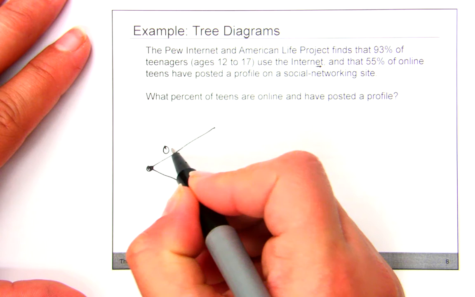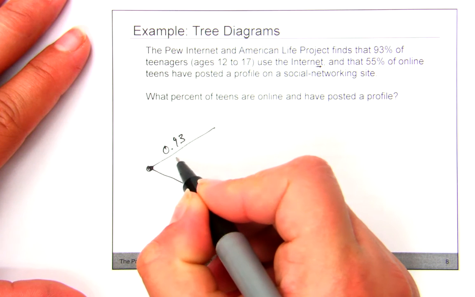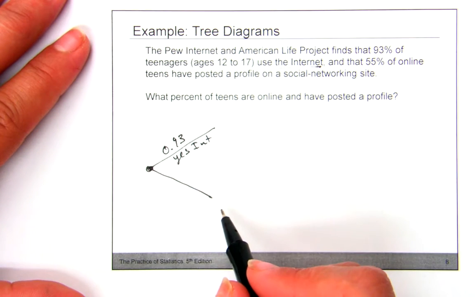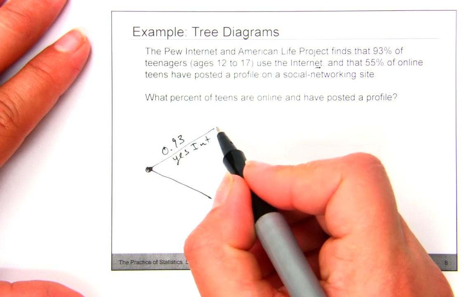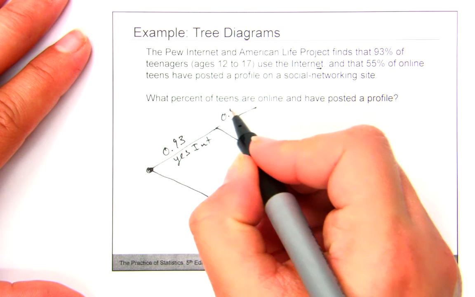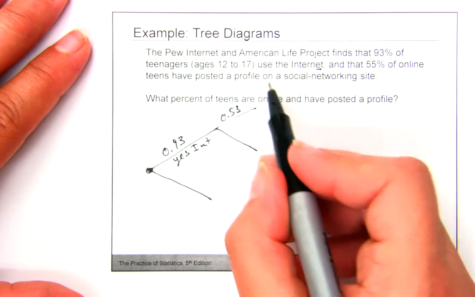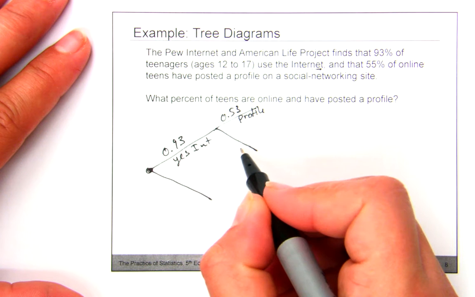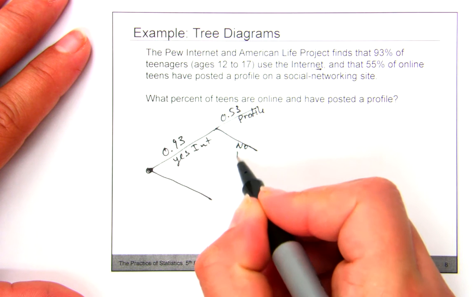So that means 0.93 use yes on internet. All right, and of that 93%, you have 53% of them who actually have posted a profile. So profile. And then no profile.